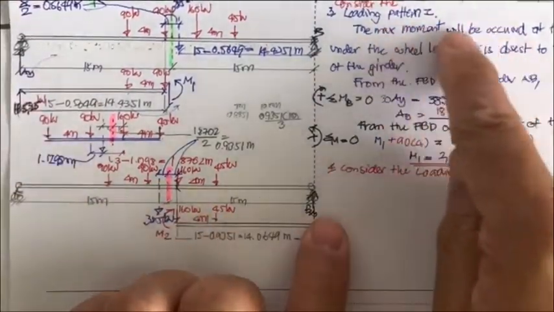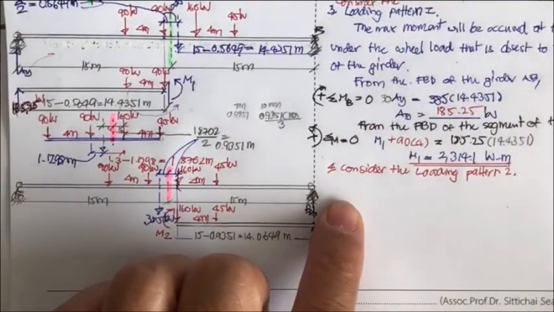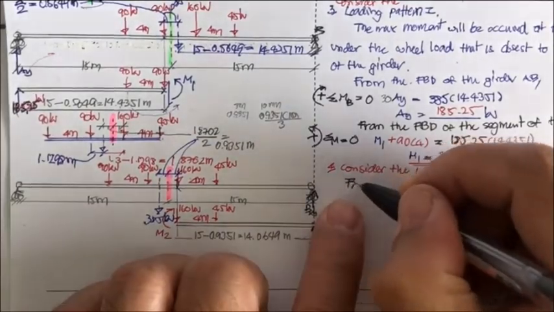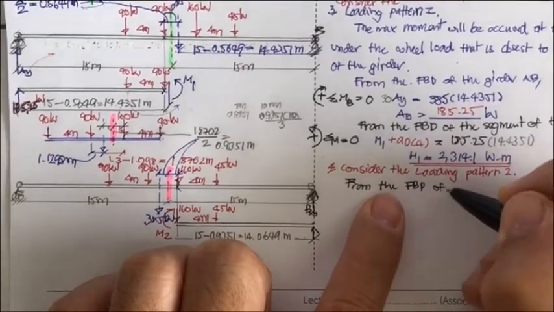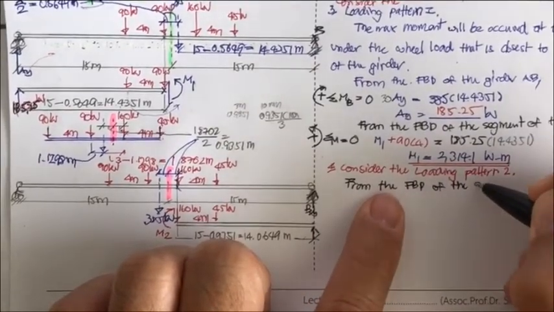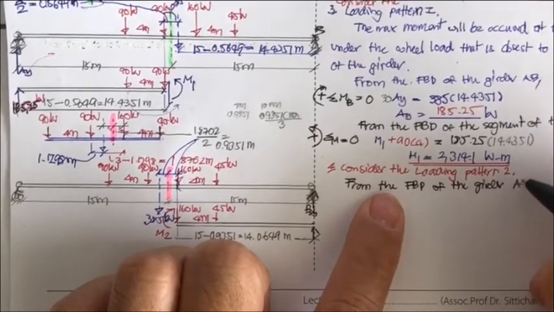I will not put this into this. We're going to use the same one from the free body diagram of the girder AB.